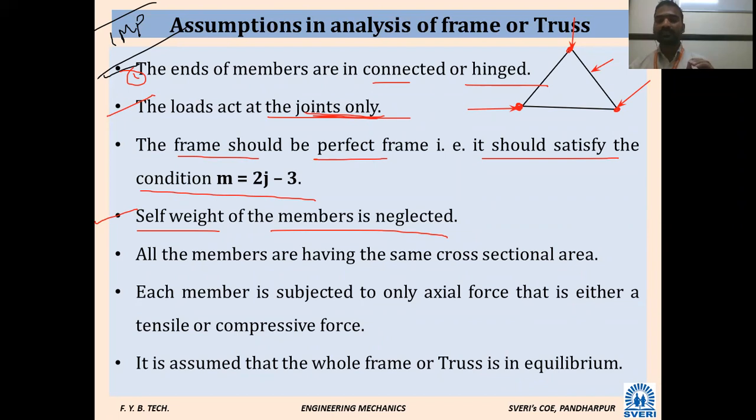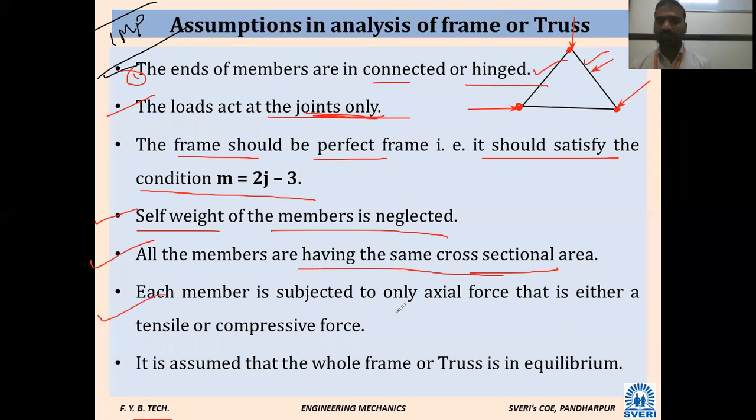But in the analysis, we are removing that self weight; we are assuming the self weight is neglected. Then the members have the same cross sectional area. All these members have the same cross sectional area. One big and one small, we should not take like that. All are equally the same size.